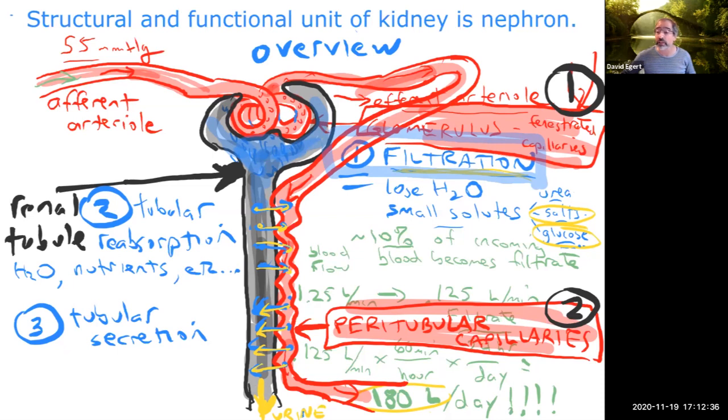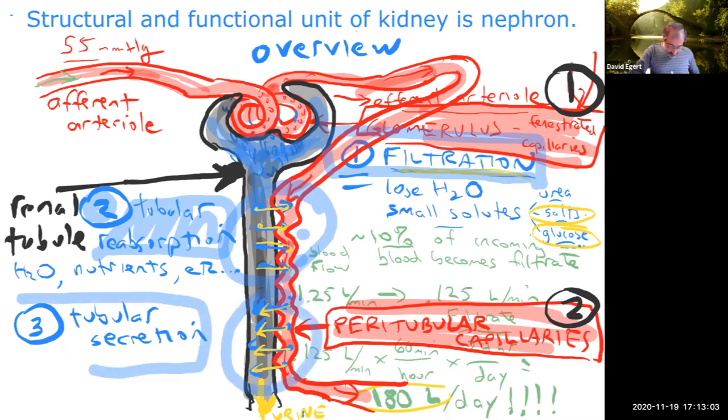It lets out nutrients, glucose and stuff, as well as wastes. Part 2, tubular reabsorption, you're going to reabsorb the stuff you want to keep, because you have these peritubular capillaries where we reabsorb stuff in the tubule that we want to keep in our body and move it back into the capillary. The last part, we can actively move things out of the blood into the tubule if you want to excrete things out of your body.